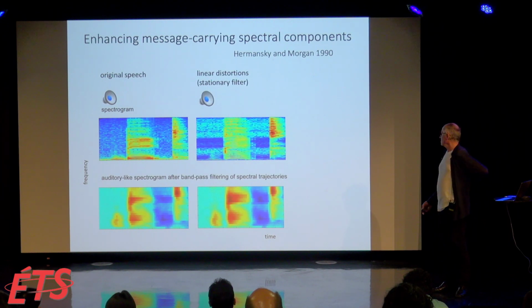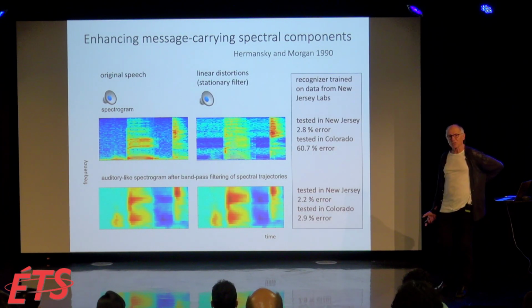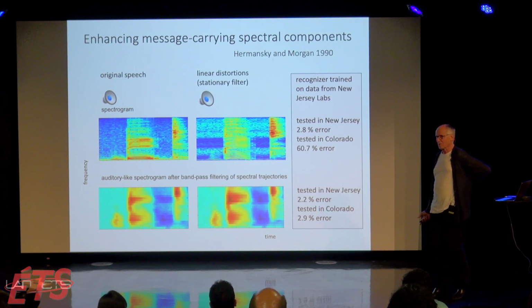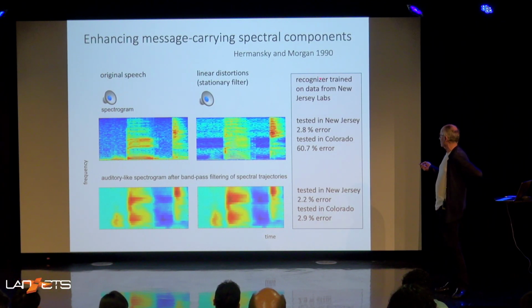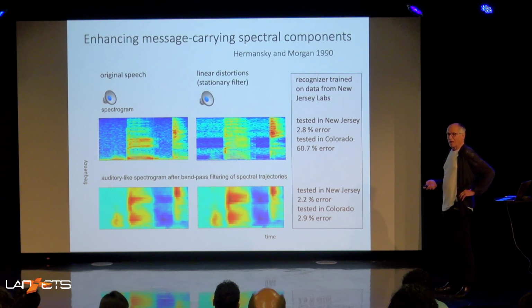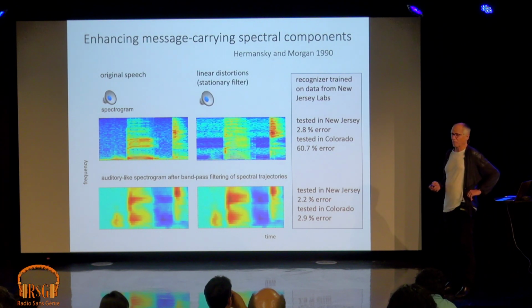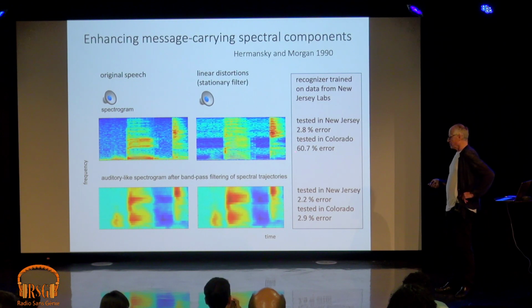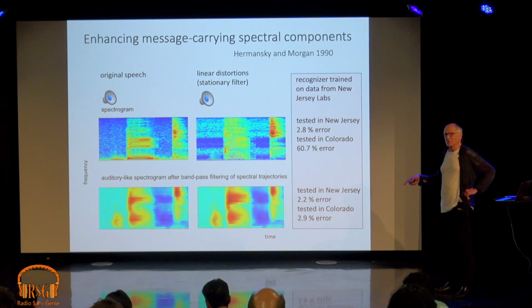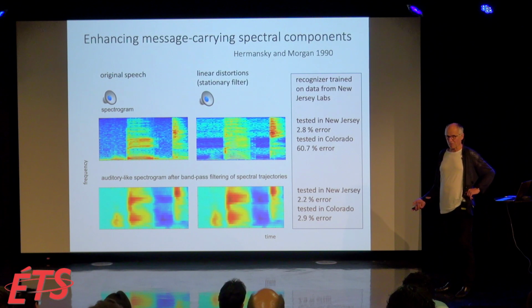What is good about it? If you are an engineer also, you should look and see if it helps you in some situations. So this was the situation where a recognizer was trained on one set of data from Bellcore at the time. When it was tested on Bellcore data, you were getting a very respectable error rate. When you tested it on different data in a lab which was in Colorado, suddenly the whole thing broke.